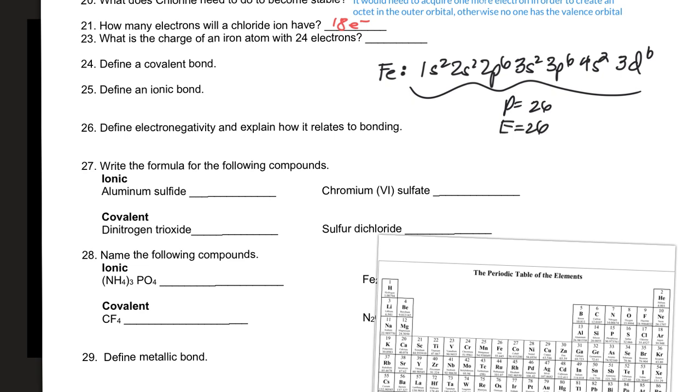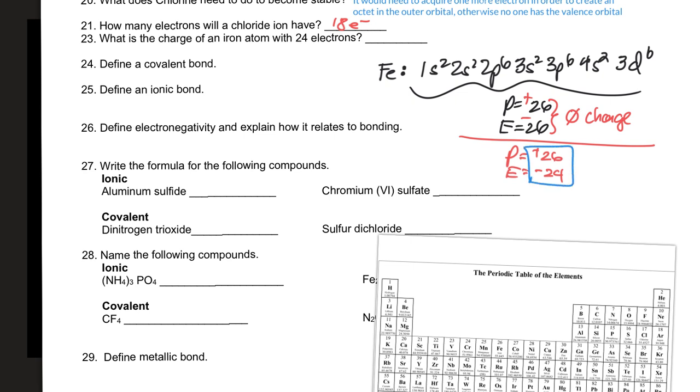So when we look at that from a positive-negative stance, that means the charge is a zero charge. But what the question is asking us to consider is, what if it has 24? So that means this 26 value, we need to change that. Let's just go ahead and write it down below. If the proton count is equal to 26, but the electron count is equal to 24, then we have a difference here.